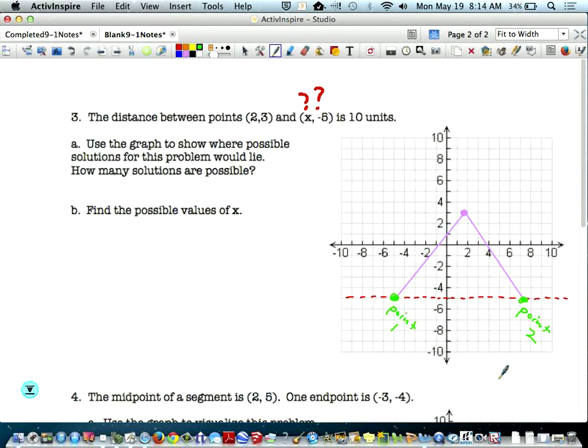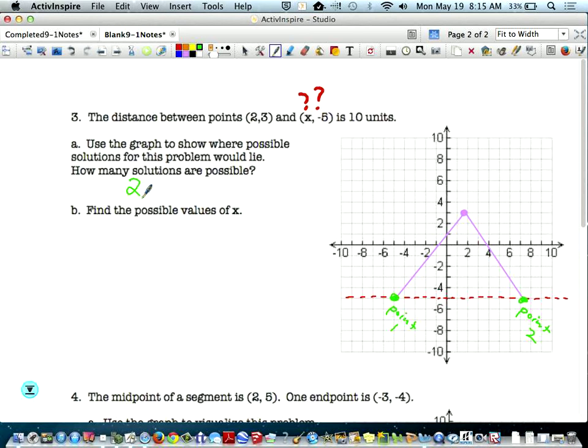So from that purple dot, 10 units, 10 inches, centimeters, whatever it is, down to the -5 line, and then there are going to be 2 solutions to this. So how many solutions are possible? 2. That's the visualization. So you want to be able to visualize that before you start the problem.